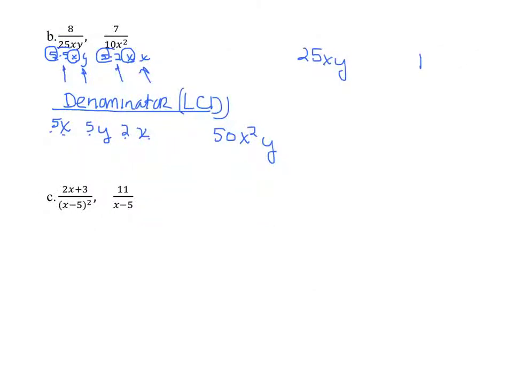So I'm looking at my denominators again, and between 25 and 10, the least common denominator is 50, right? And then between x and x squared, you're going to pull the greater one, the one that we need the most of. So I need an x squared, and then I just need a y. Good? So you can get it the same way. But this is just broken down a little bit more.